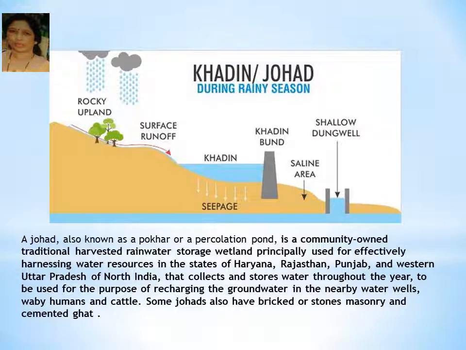A chohad, also known as a pokhar or a percolation pond, is a community-owned traditional harvested rainwater storage wetland, principally used for effectively harnessing water resources in the states of Haryana, Rajasthan, Punjab, and western Uttar Pradesh of North India, that collects and stores water throughout the year to be used for the purpose of recharging the groundwater in the nearby water wells, for humans and cattle. Some johads also have bricked or stony masonry and cemented catchments.